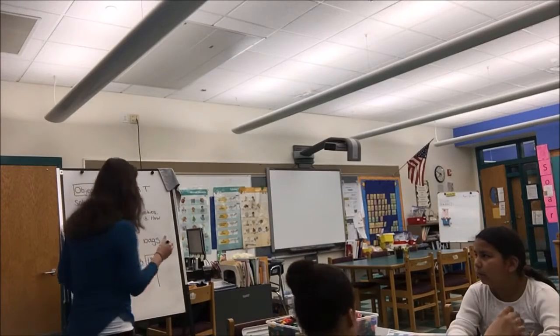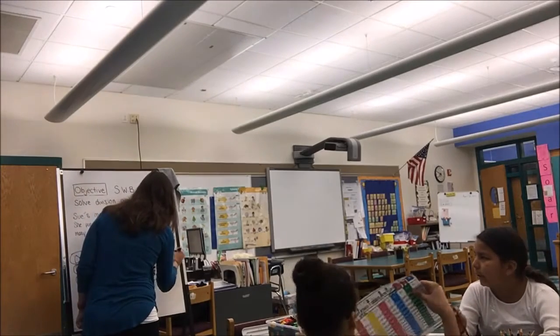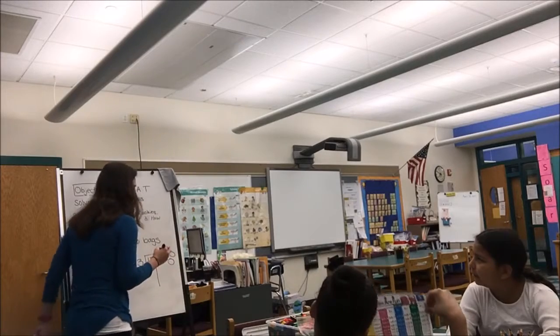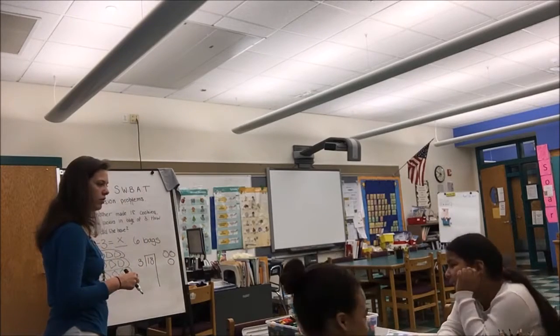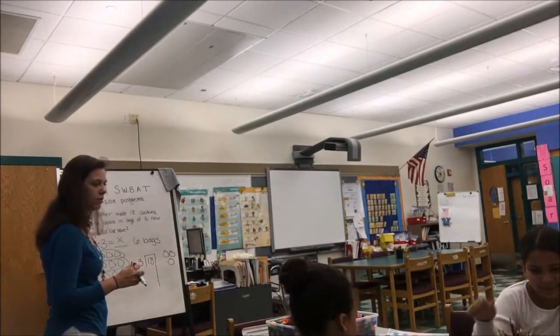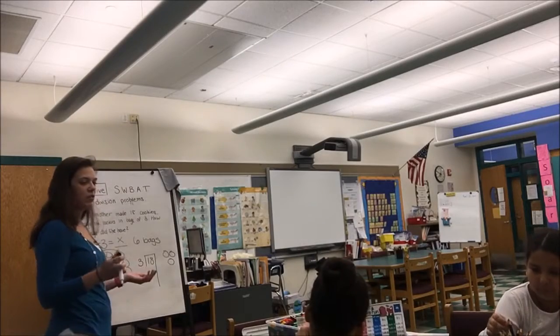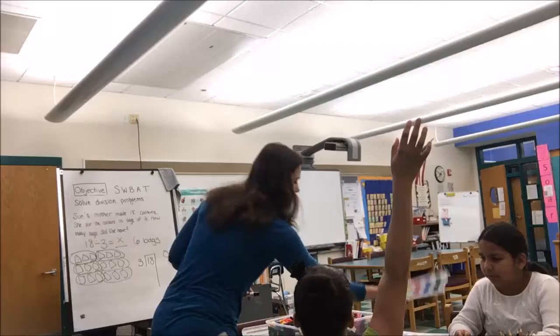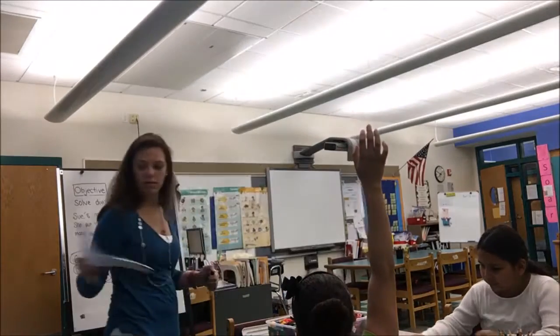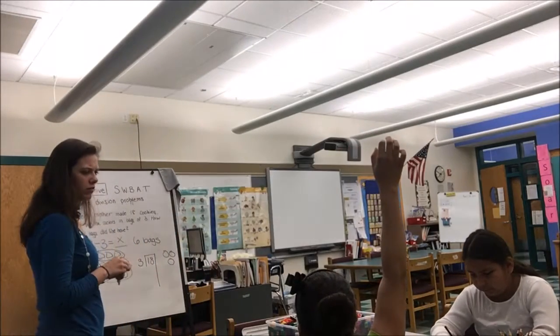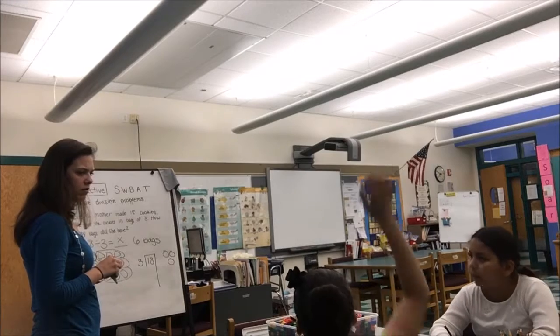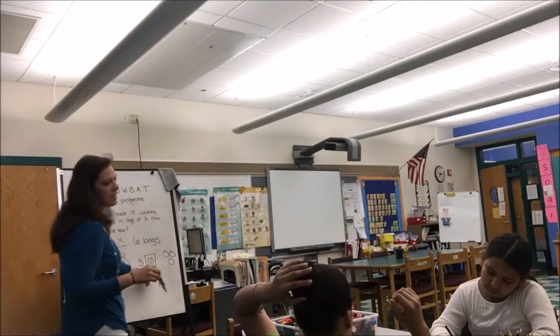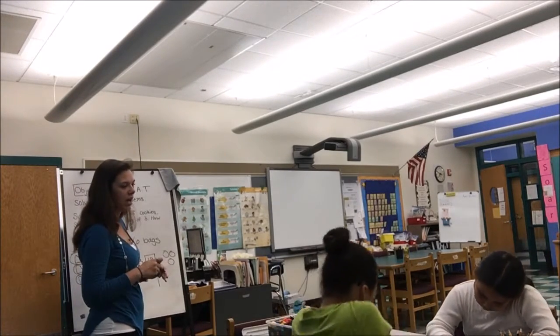What do we know about our 3's tables? 3 times 6. What fact do we know that can help us? 7 times 3 is what? 21. Well, we're looking for 18, so that seems a little high.